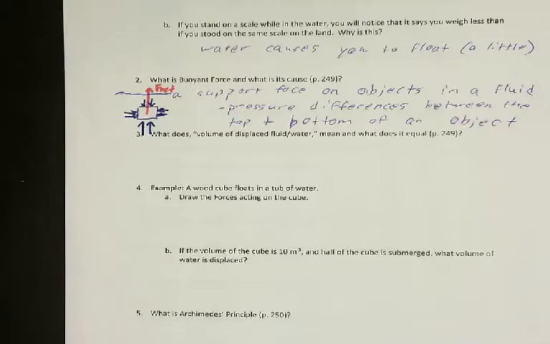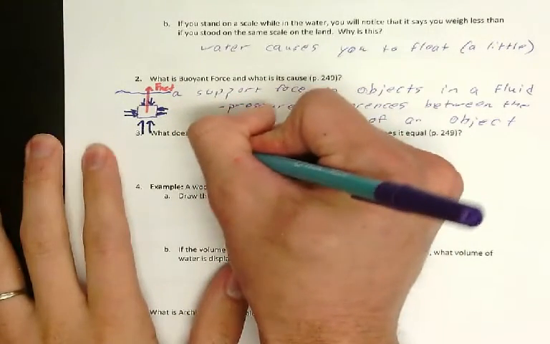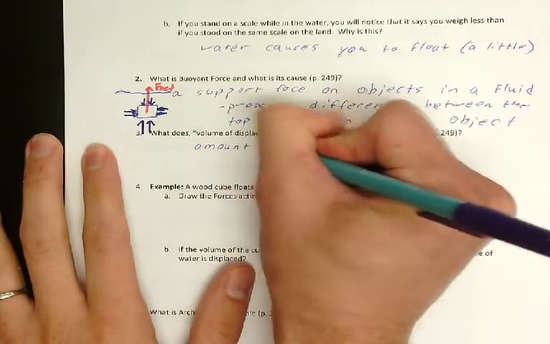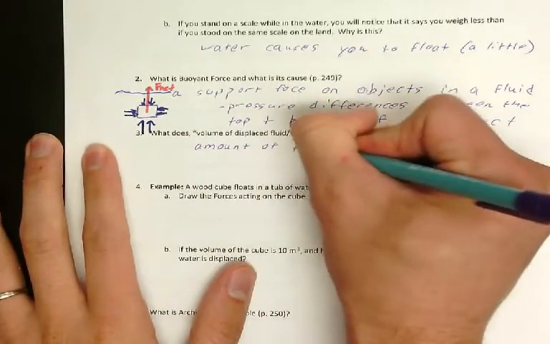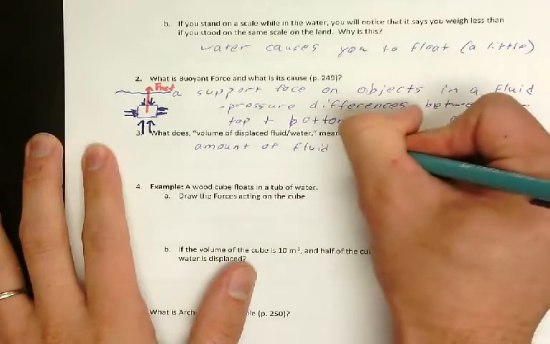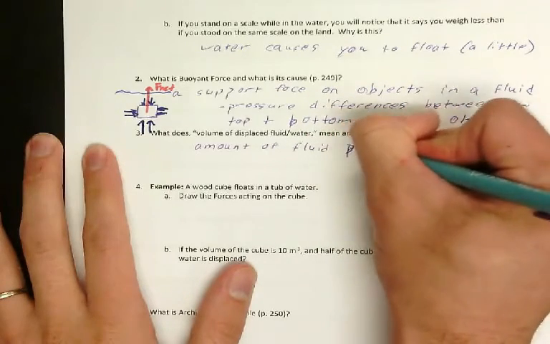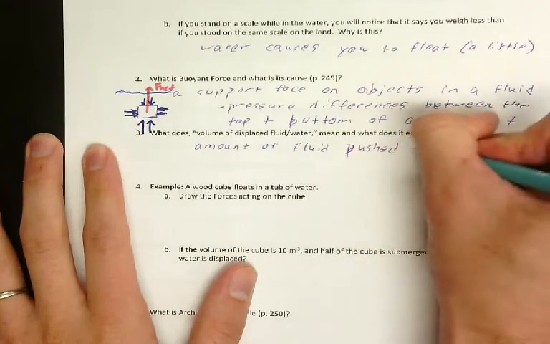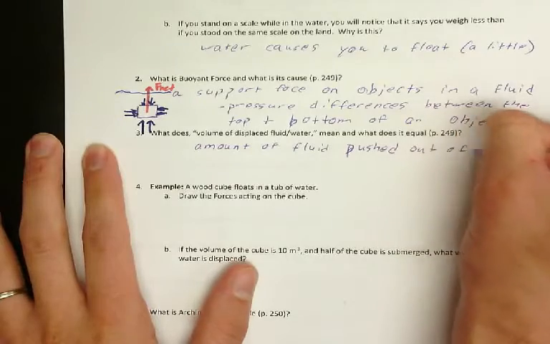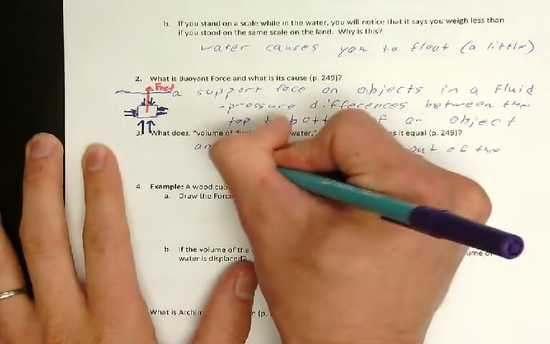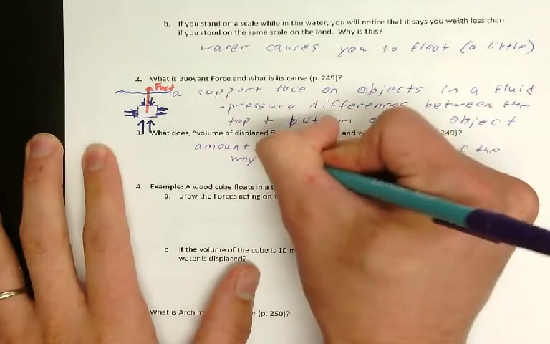Okay, so there's a phrase that you're going to hear me talk a lot about, and that's called volume of displaced fluid. It's the amount of fluid pushed out of the way by the object.